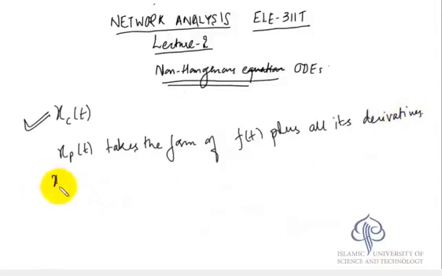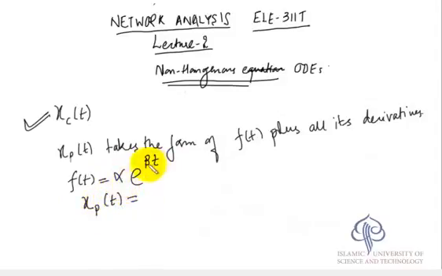So say the forcing function is, for example, alpha e to the power beta t, where alpha and beta are constants. The particular integral is going to take the form of the forcing function and its derivatives.